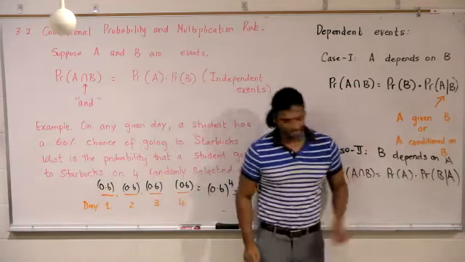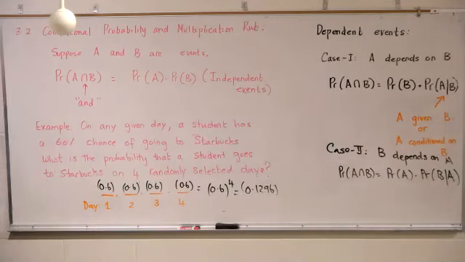So here, B vertical dash A simply means, take a guess.